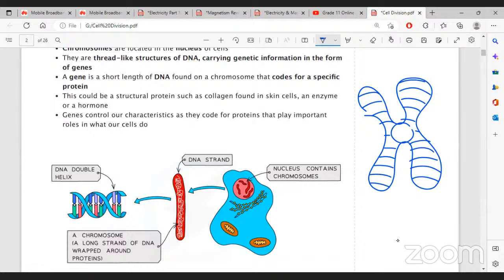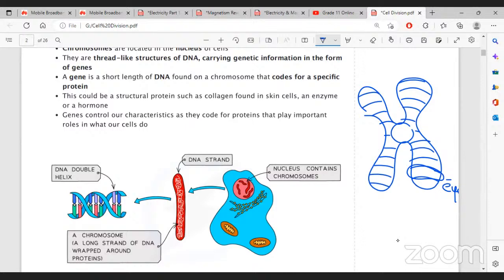So in this case, this will be one gene, for example, coding for eye color. Does that make sense? Yes. Okay. And then this could be a structural protein, such as collagen found in the skin cells, an enzyme or a hormone, or eye color, or the length of your hair, the height, or your skin tone, or anything of the sort. So genes basically code for those specific traits that make you an individual, that make you different from the next person.